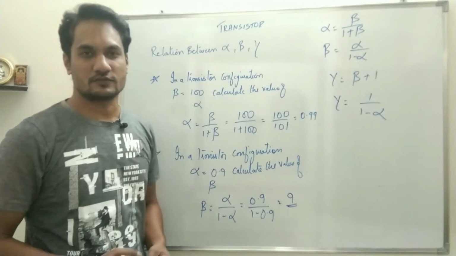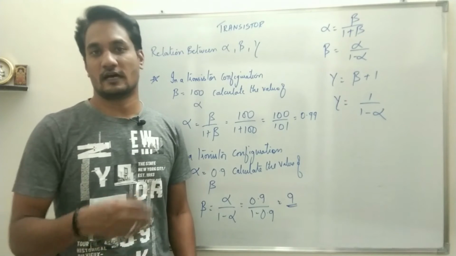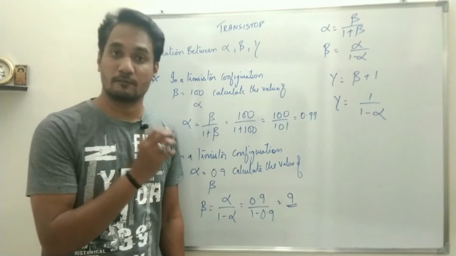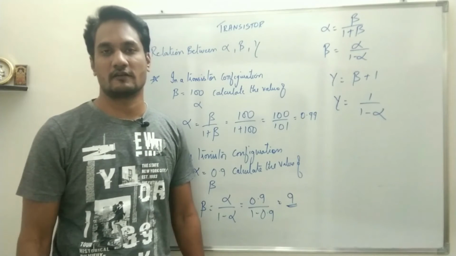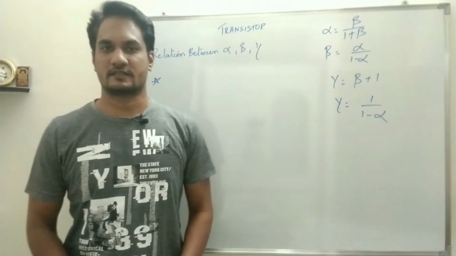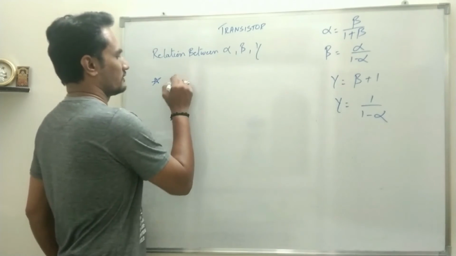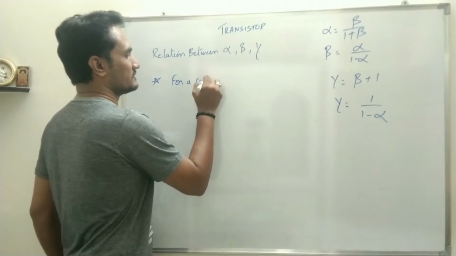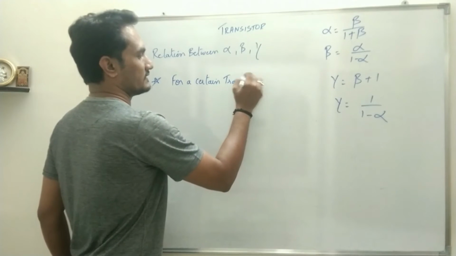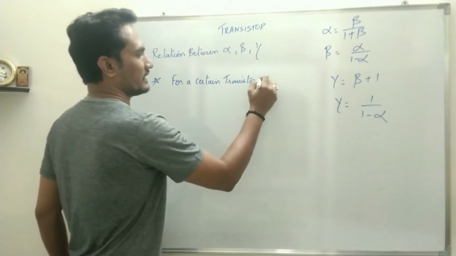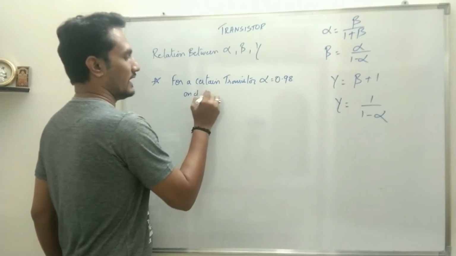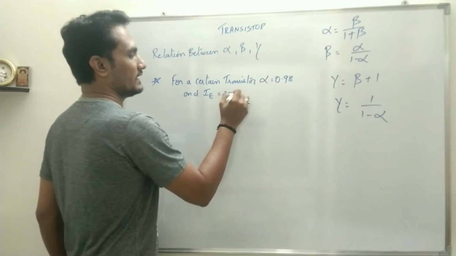Okay, you just need to substitute the values of alpha or beta and calculate whatever parameters have been asked, for example beta or alpha or gamma. Next, one more problem. For a certain transistor, alpha is 0.98 and IE is 2 milliampere.